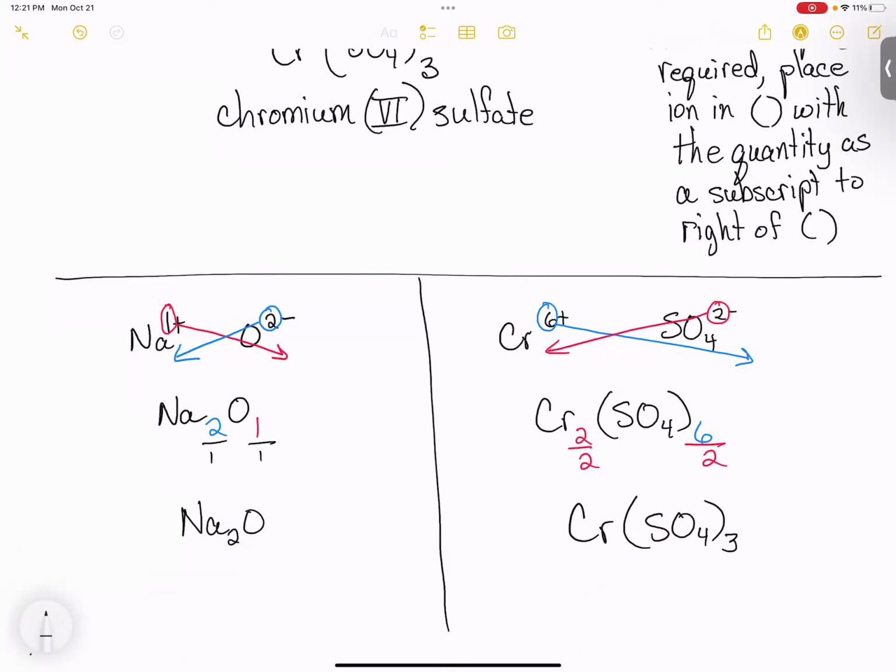Okay, I'm glad you asked because I don't know if I ever stated it. When you're looking at an ionic compound, the formula of an ionic compound must always be in the simplest whole number ratio possible.